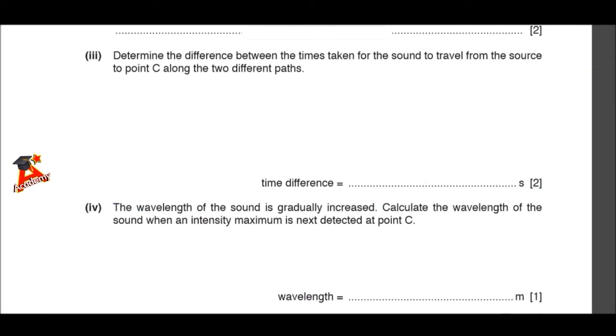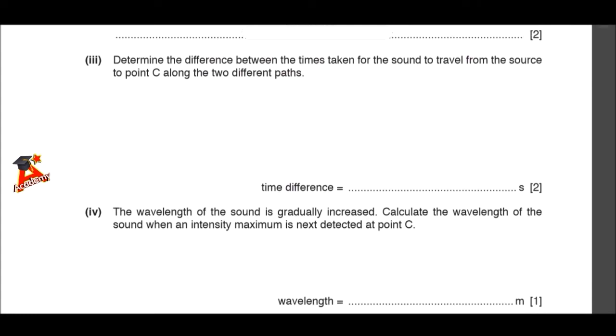Right, to answer item 3, we need to find the velocity of the wave. If we find the velocity of the wave, we know that there is a path difference of 6.4 meters. Then we'll just divide that distance by the velocity of the wave. We know that the velocity of the wave is given by v equals f lambda.